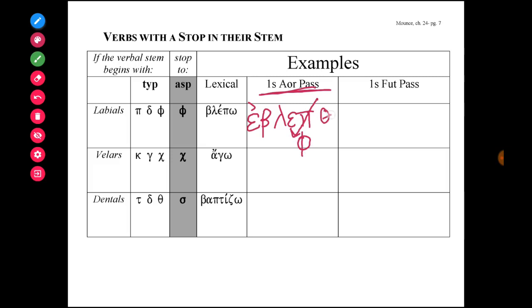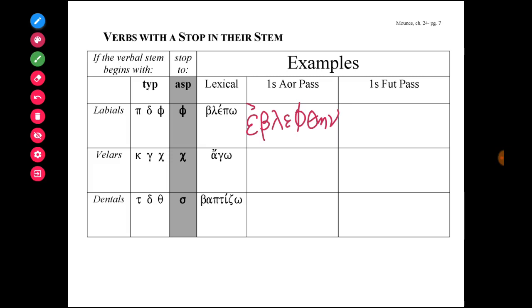And then I would add -thēn, and the form would be eblephthēn. And that's a lot easier to say than eblepthēn. Eblephthēn is simply easier. It's a softening of the pronunciation. So eblephthēn would be I was seen.